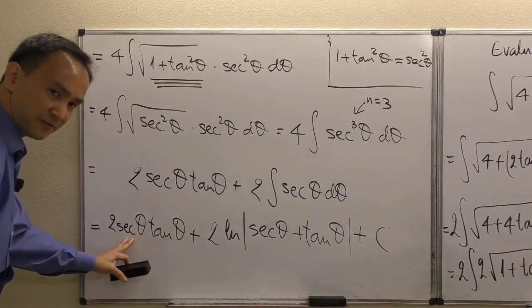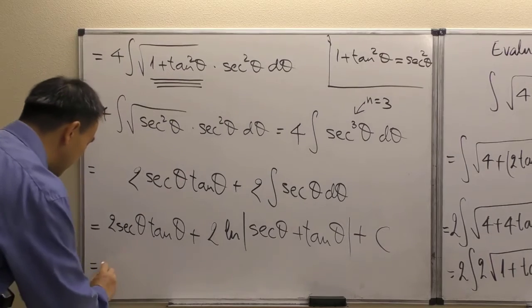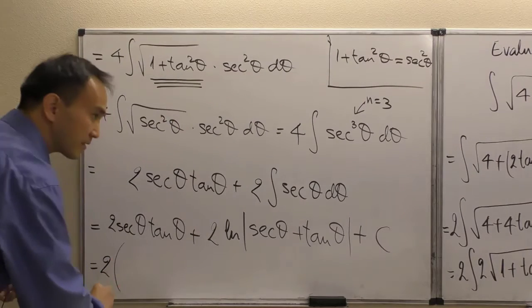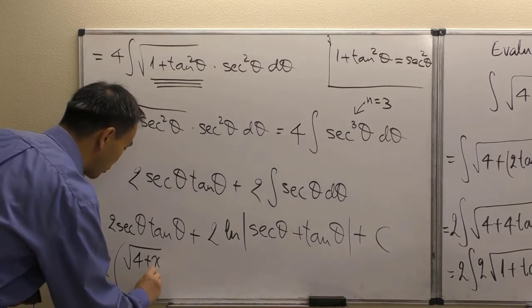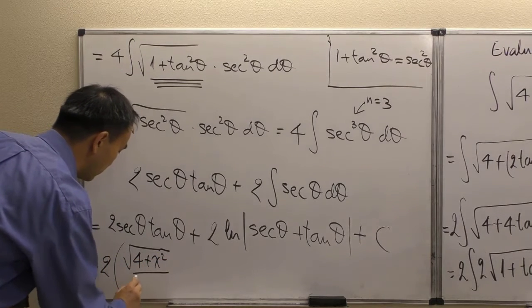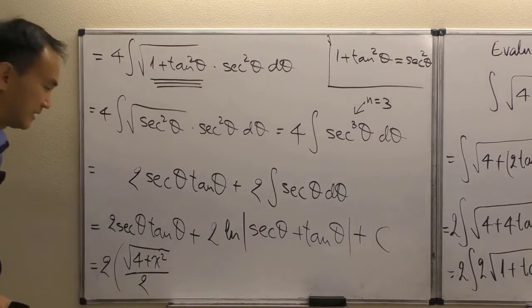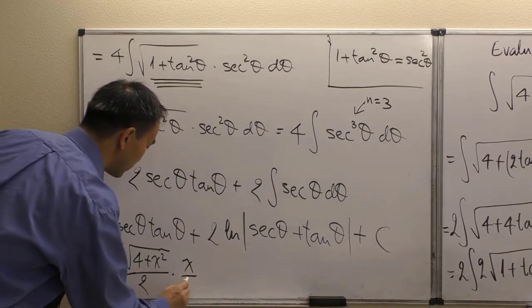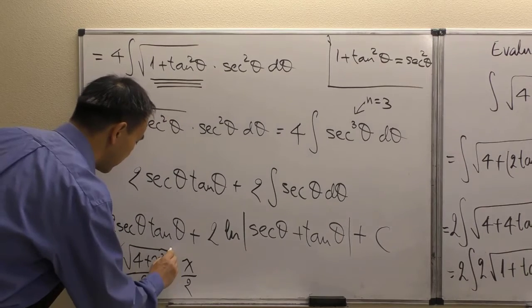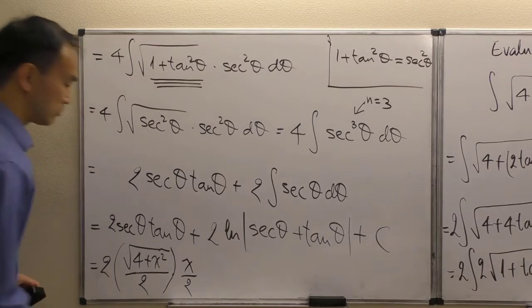Secant of theta from our previous step gives me the square root of 4 plus x squared over 2, all over 2. And then that same expression we multiply with x over 2. That's our tangent.